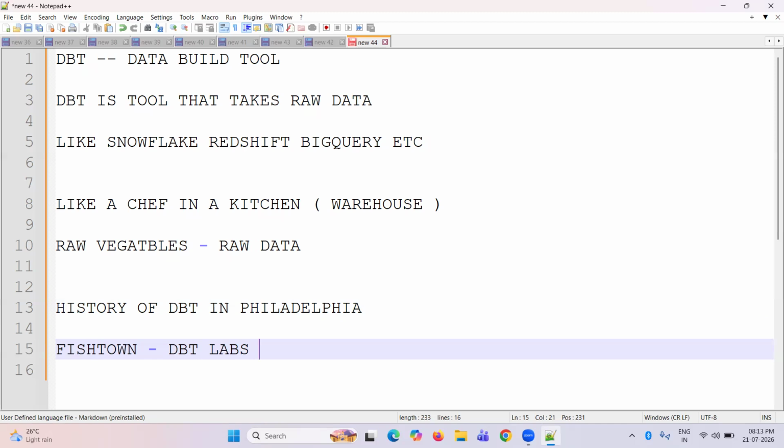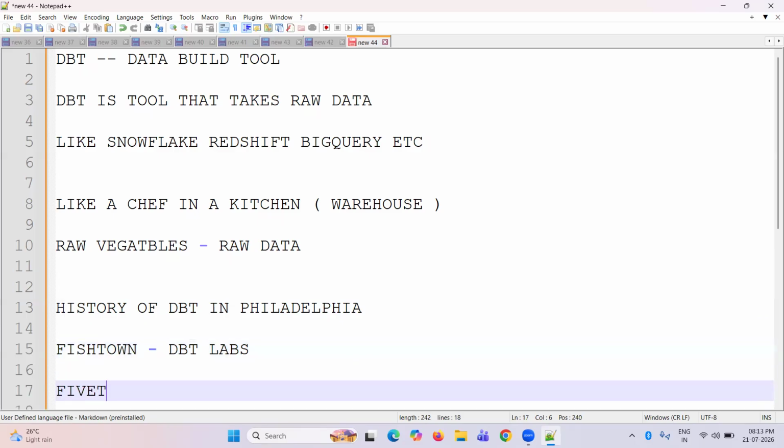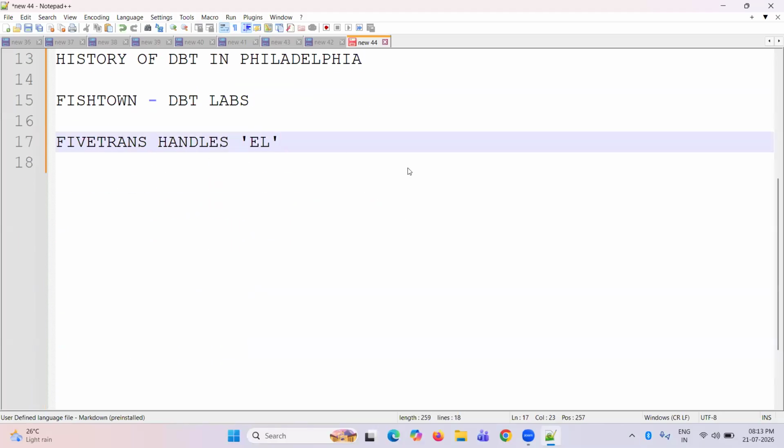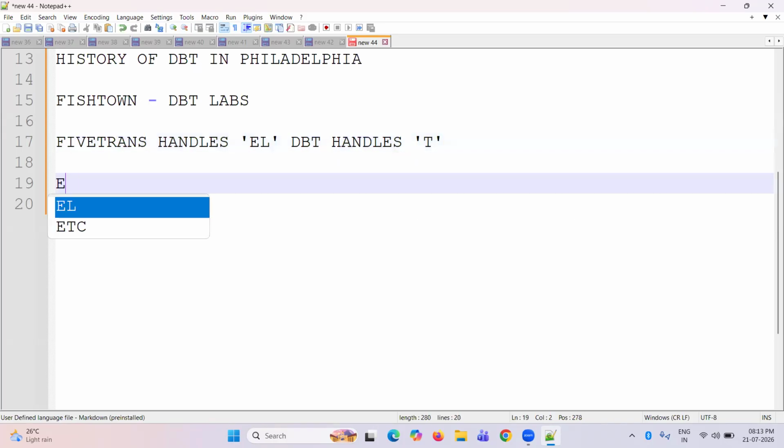Fivetran now handles the EL. What is the EL? You don't know EL? Extract and load. So Fivetran handles the extract and load, and DBT continues to handle the T, which means transformations.